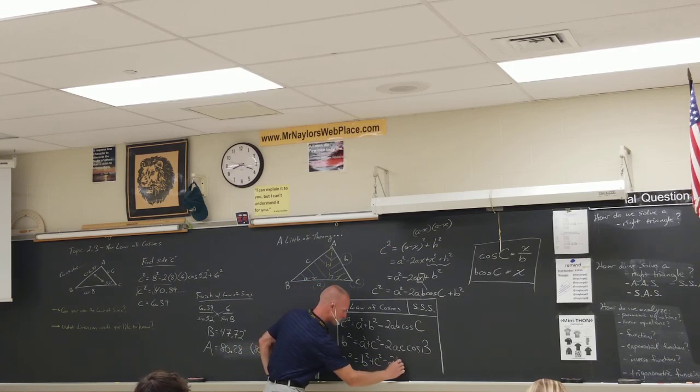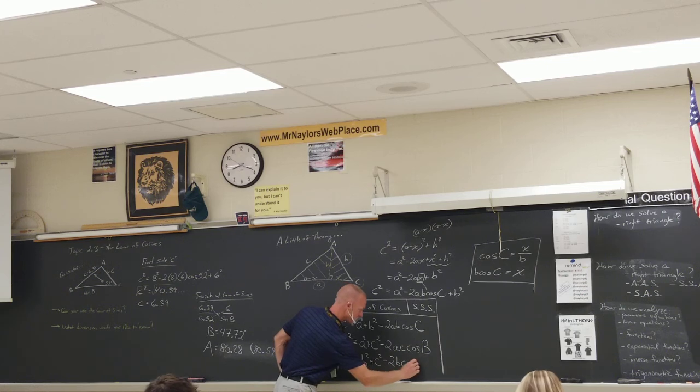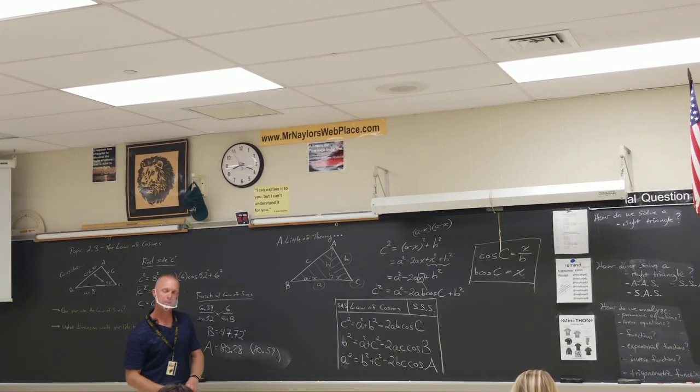I need to make sure also it's b squared plus c squared minus 2bc cosine of a. B squared plus c squared minus 2bc cosine a.